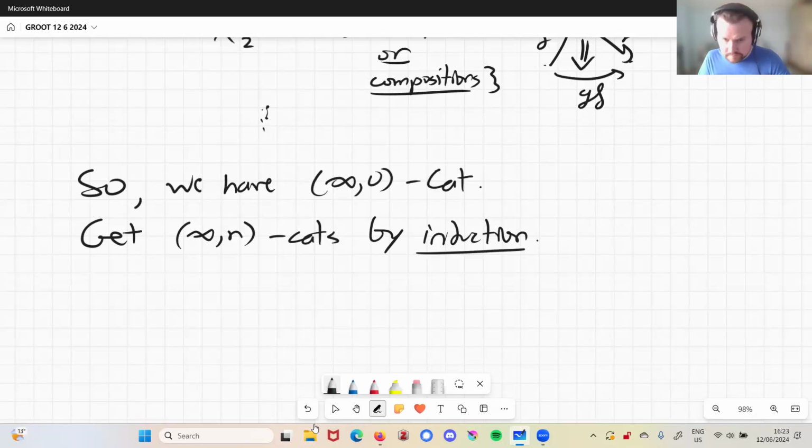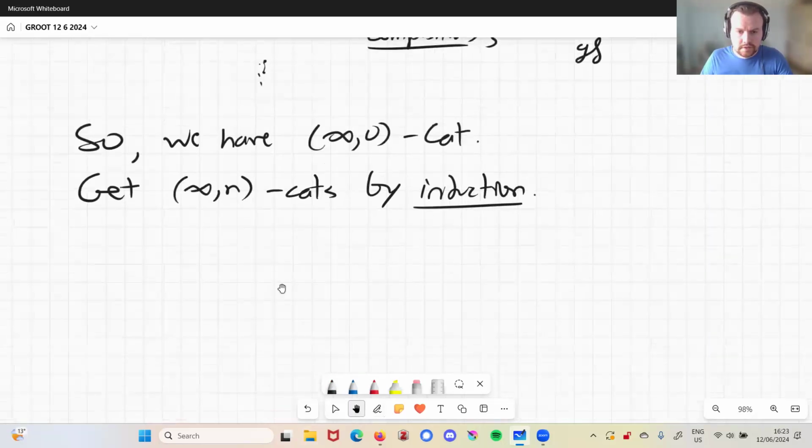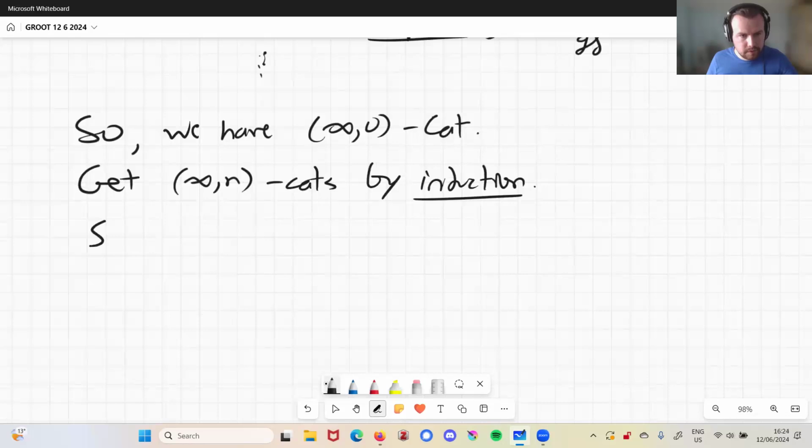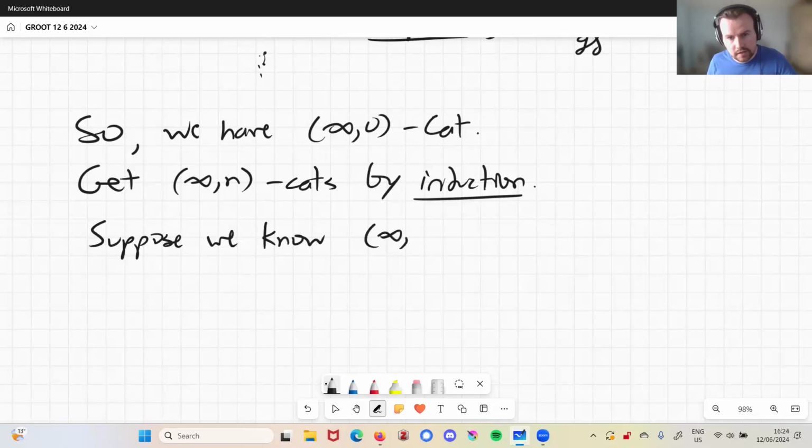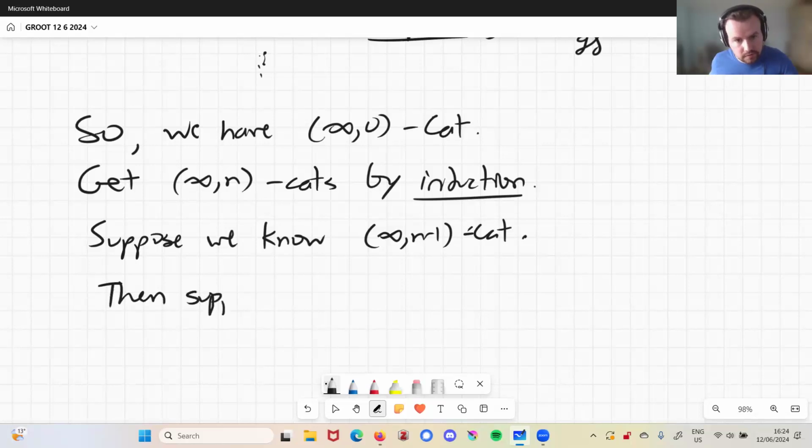Okay. So suppose for the induction, we already have infinity n minus 1 cat. Then, for the sake of argument, suppose some X was in fact an infinity n category.